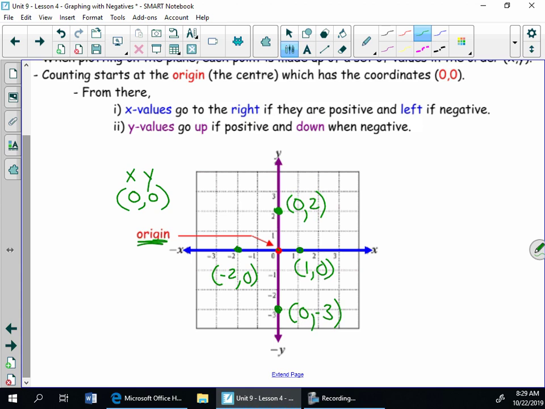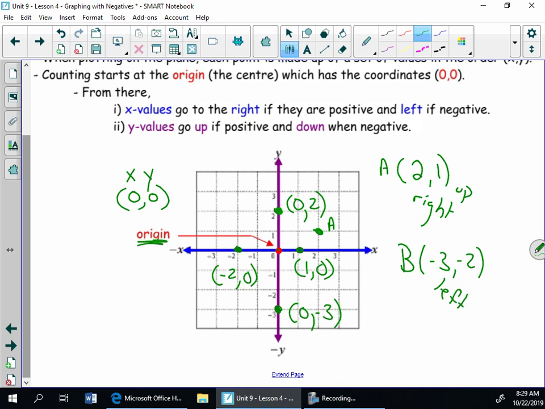So for instance, if I want to graph 2 and 1, where would that be? I go 2 to the right and up 1. Go over 2, up 1. We'll call that point A. If I want to find negative 3 and negative 2, I'd be going left because it's negative, and then down because it's negative.